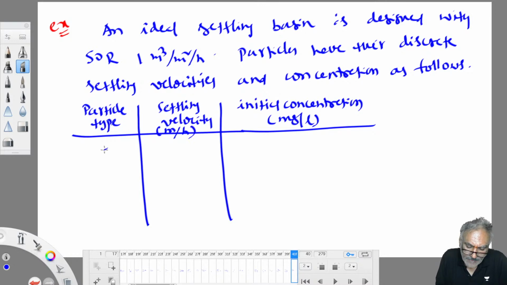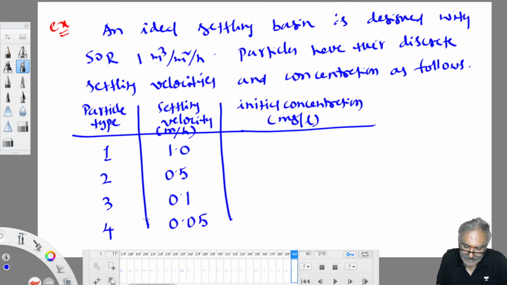So particle type 1, 2, 3, 4. He has given these values 1, 0.5, 0.1, 0.05. Initial concentration for all particles is the same, 100.